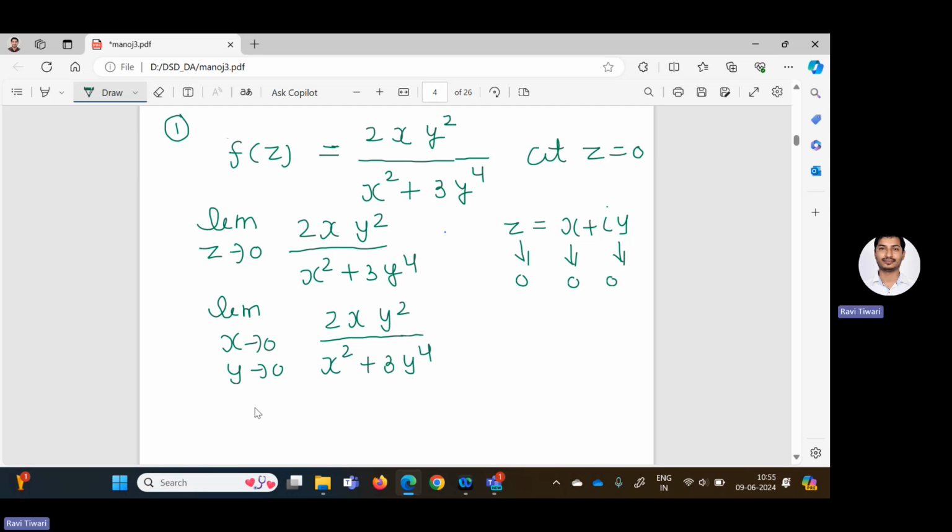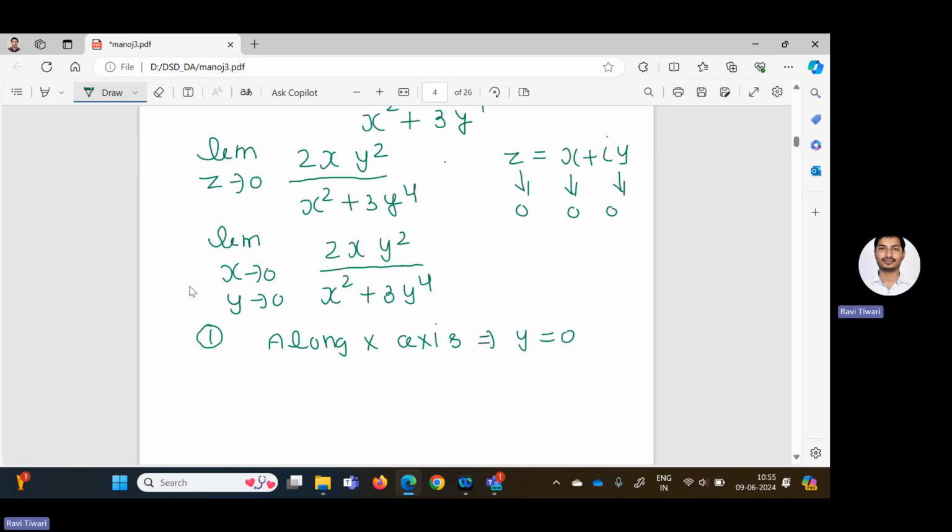Again, as I discussed in the previous lecture, we can choose some different paths. The first path we can choose is along the x-axis. Along the x-axis, y should be 0.